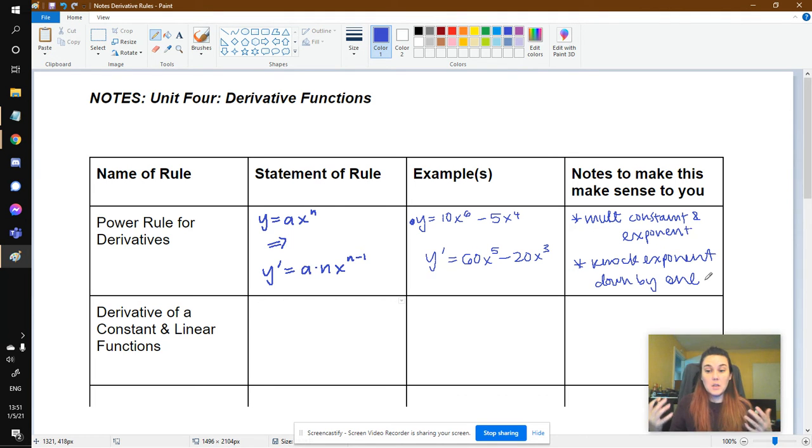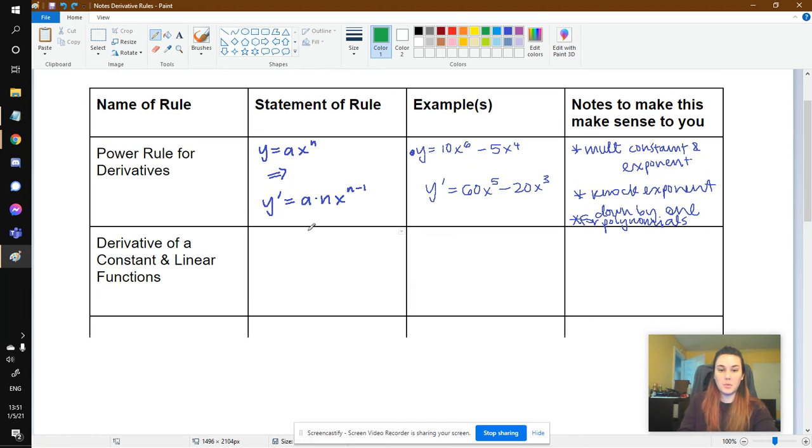These are notes that make sense to me. You would put your own notes here, right? Anything that helps you be able to look at this and know what's going on. For polynomials might be another note that you put. This part especially is choose your own adventure.